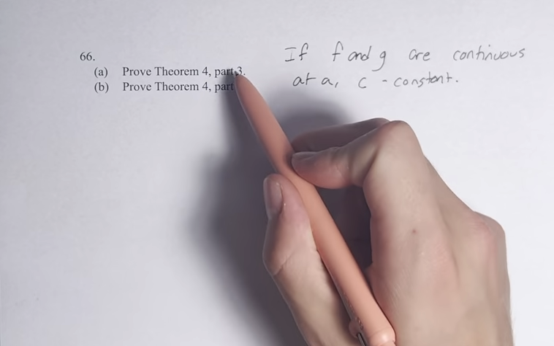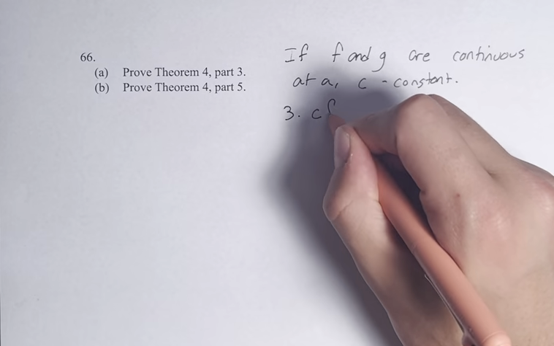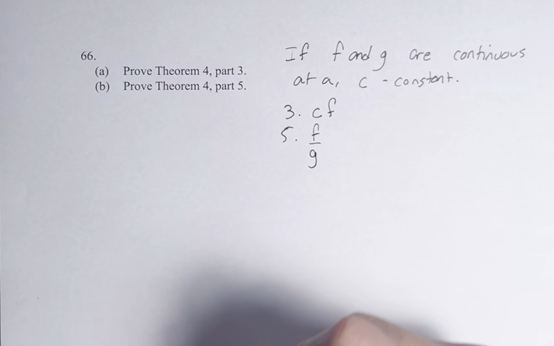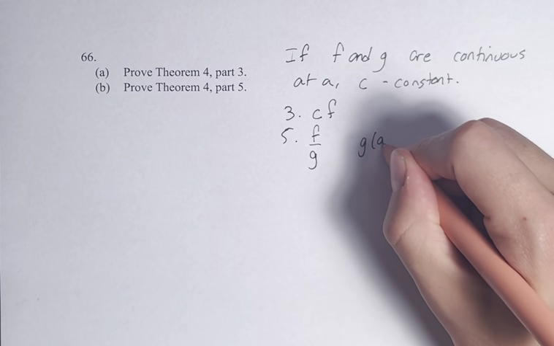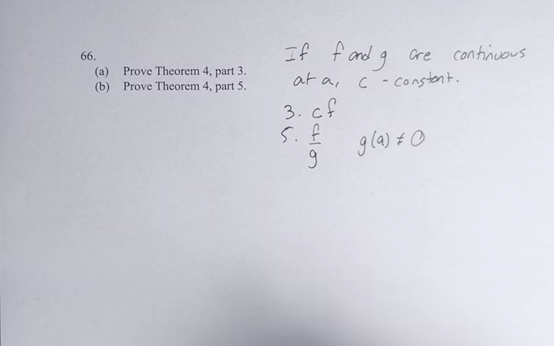And we're looking at parts 3 and 5. Part 3 is c times the function f, and part 5 is f over g, with g of a not being equal to 0, because then we don't get into any dividing by 0 issues.